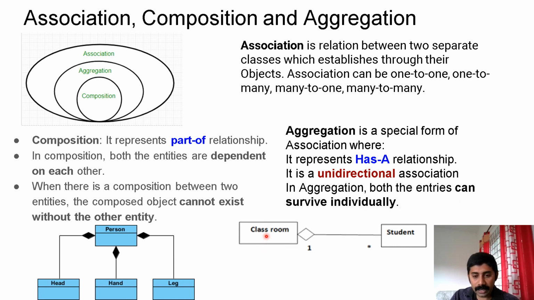Consider the example of a classroom and students. One classroom has zero or more students. Even if there is no aggregation between these two entities, these two can survive individually. It is not like a part-of relationship where a person can exist only with all its parts. In a has-a relationship, there is no such dependency. They can exist individually.